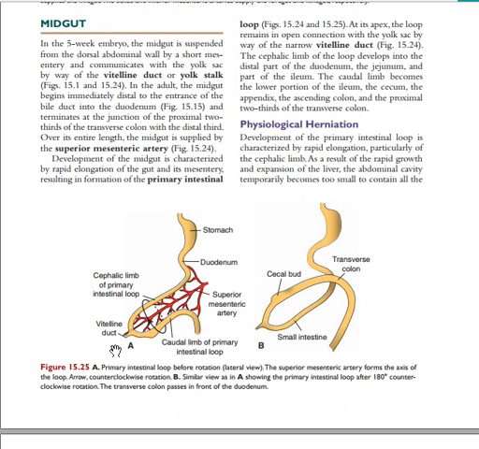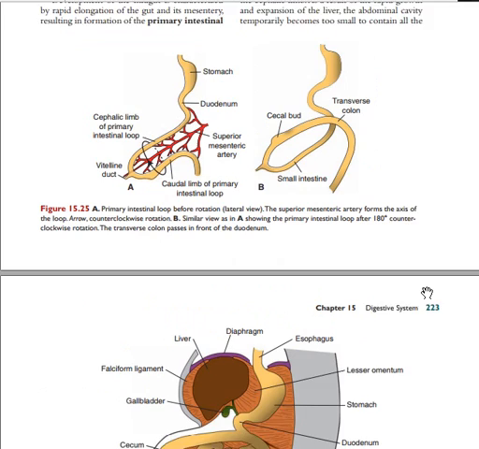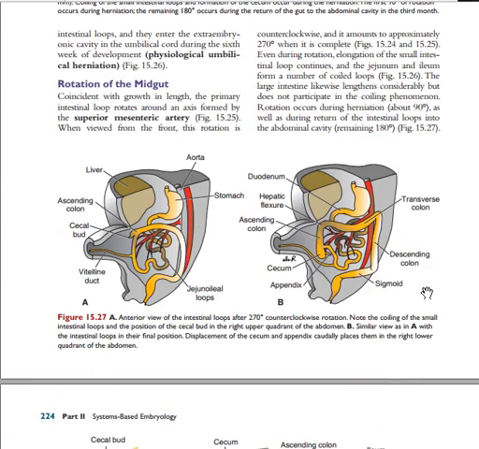At the beginning, you're going to have a cecal bud at the caudal portion of the hindgut, and that cecal bud is going to rotate such that the cecum goes to the left, the transverse colon which was down goes upward, while the most distal goes to the right. Is it clear? So that's the orientation of the colon.